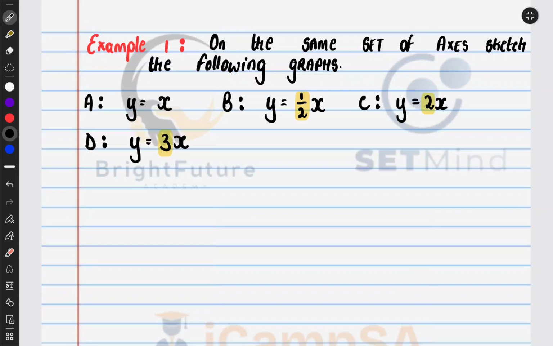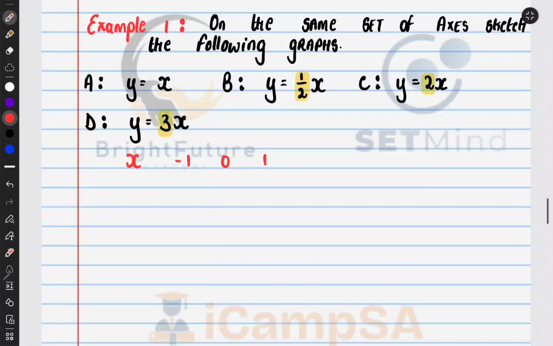We will take x values of -1, 0, and 1. We are starting now the effects of changing the value of a. First things first, I think I have to use different colors here. The first function, the mother function, is y is equal to x.